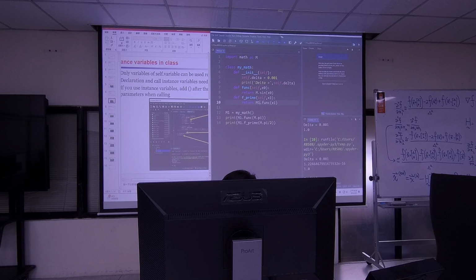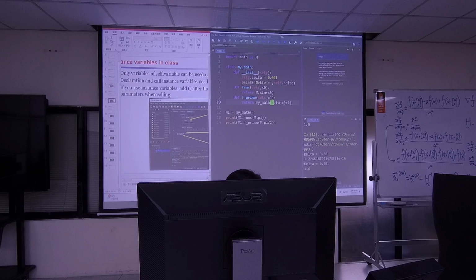Okay, if I directly use M1, the initialization part won't be executed again. But if I say my math right here, that means every time you activate it, you call the class one more time, and the initialization part will be run one more time.